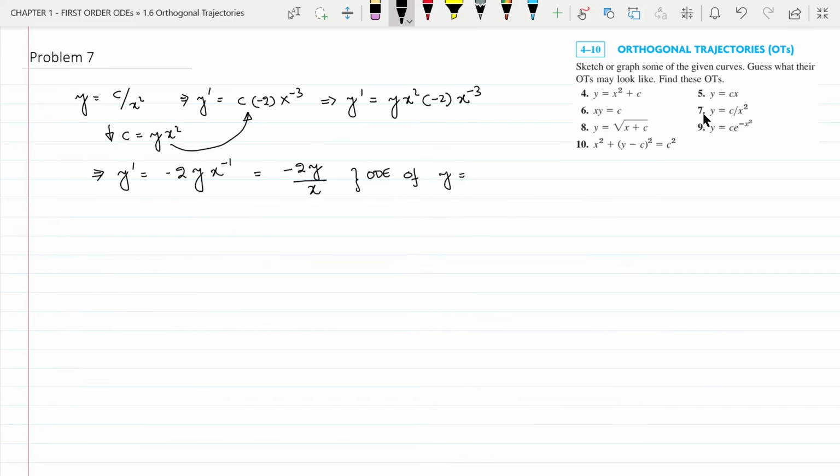So this is the ODE of y equal to c by x square. That means by solving this ODE, we can get the original equation that was given in the question.